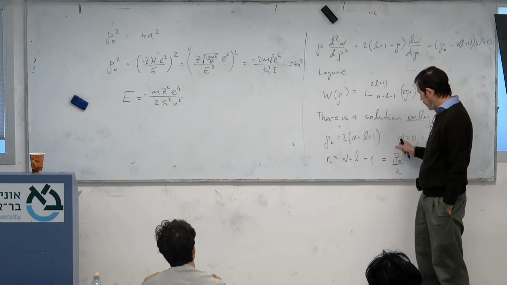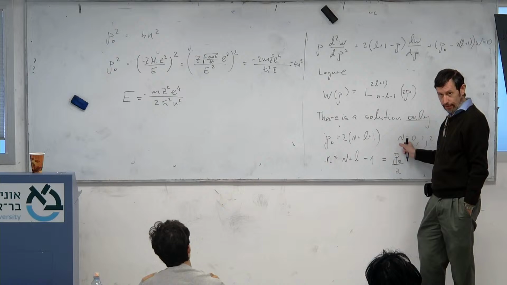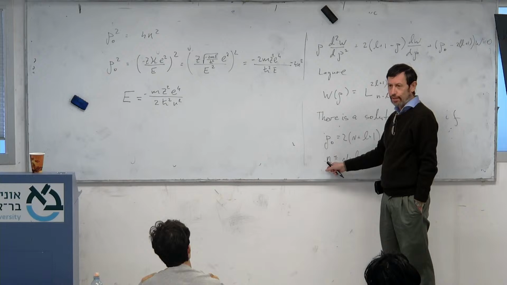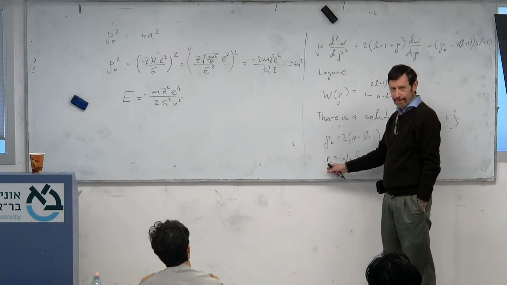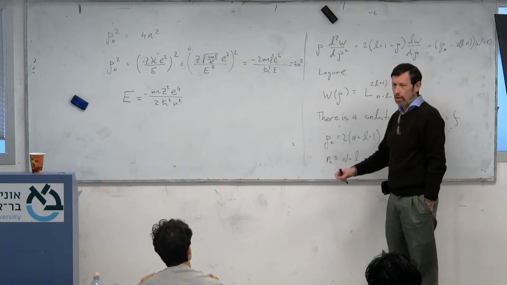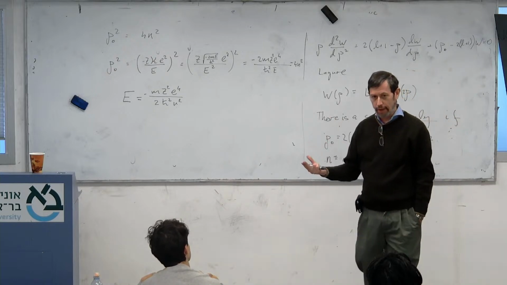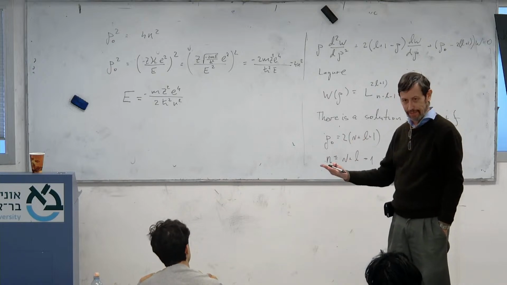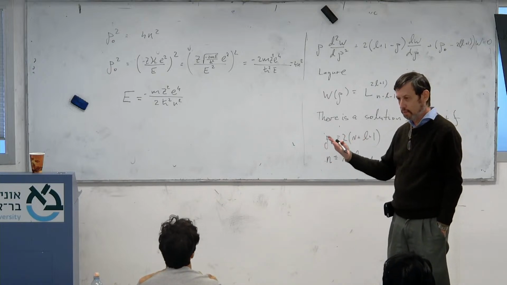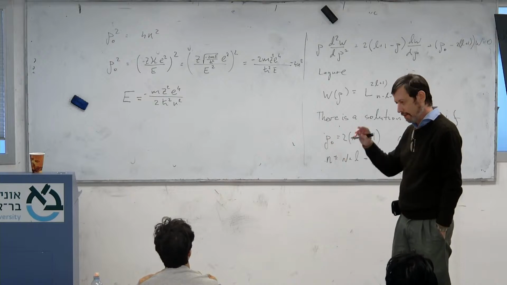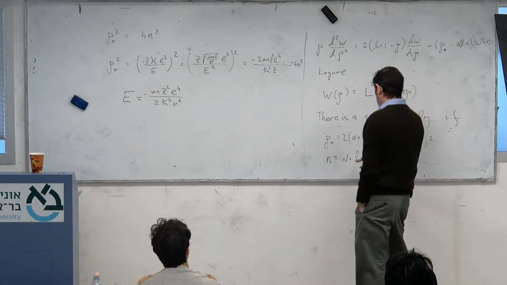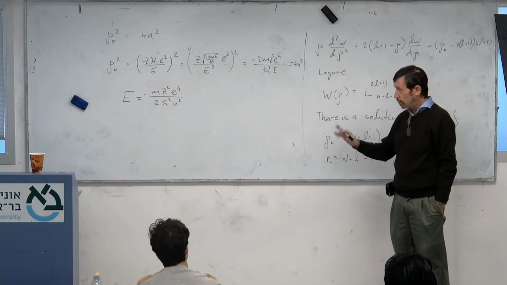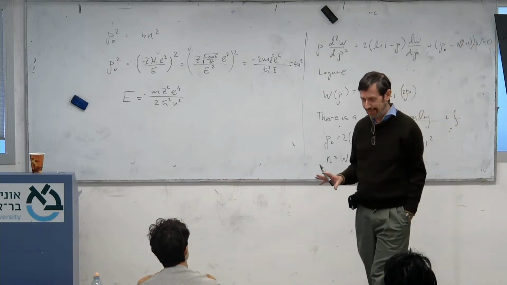Because the smallest value of large N is 0. So N cannot be larger than L plus 1. So for L equals 0, I can have N equal 1. For N equal 2, I can have L equal 1 at the most. So on and so forth. In a moment, we'll write it down exactly.